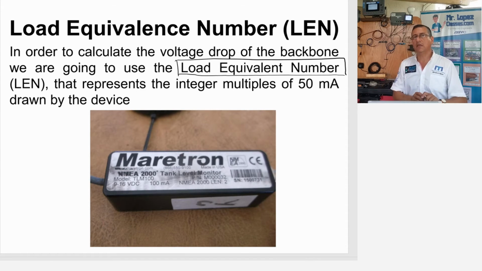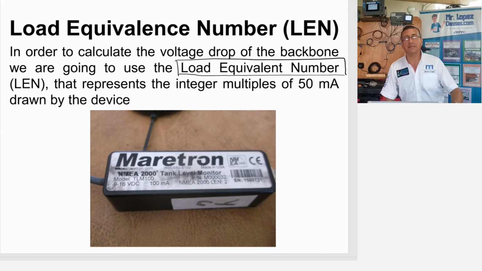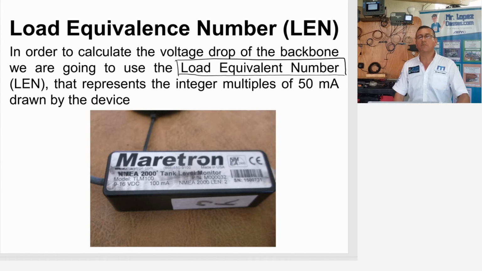But in order to understand the voltage drop, let me clarify one important concept, the concept of Load Equivalency Number, LEN. In order to calculate the voltage drop of the backbone, we are going to use the LEN, which represents integer multiples of 50 milliamps drawn by the device.